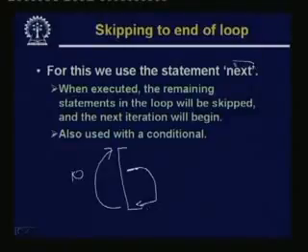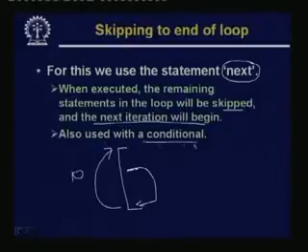So, you have a construct called next here. When executed, the remaining statements in the loop will be skipped and the next iteration will begin. So, the usage of next is also identical, you will have to use it with a conditional, next followed by a condition. Okay. Fine.